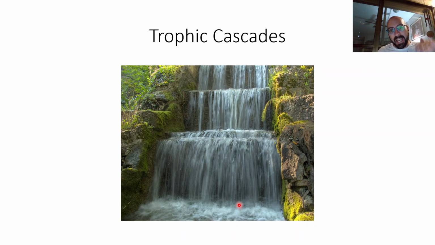We have a cascade of differences. If I'm looking at the energy flow, the flow can go from the plants upwards. That's a bottom-up flow of energy. Or I can have an effect that is top down, where the predators have an effect on all the other tiers below it. So let's look at some examples here.